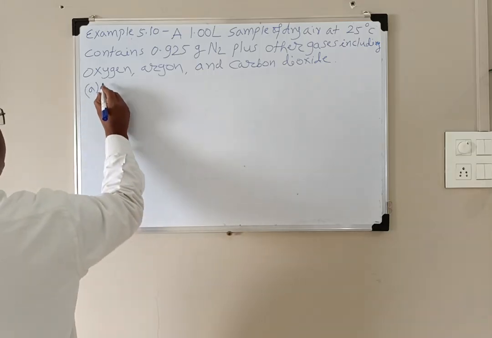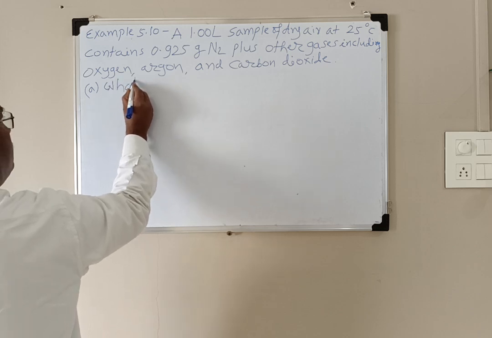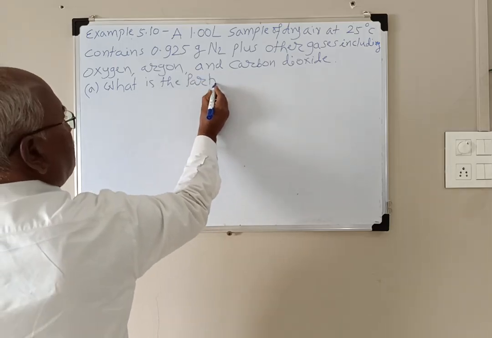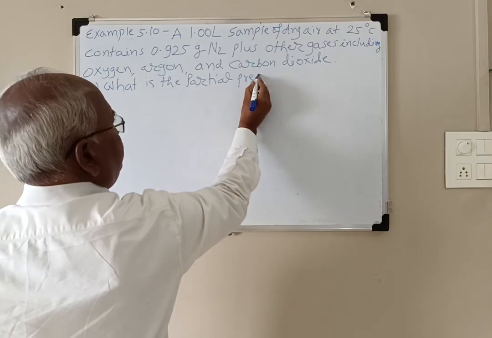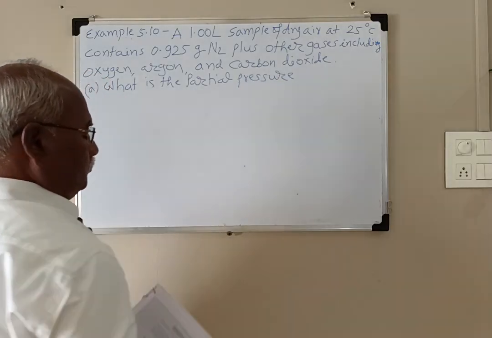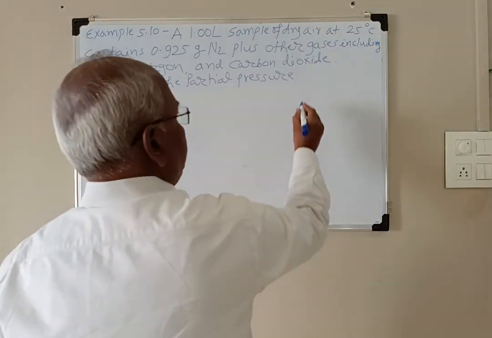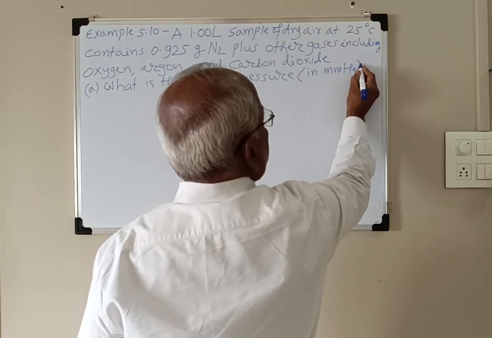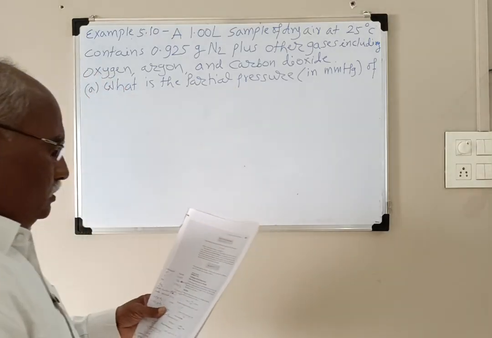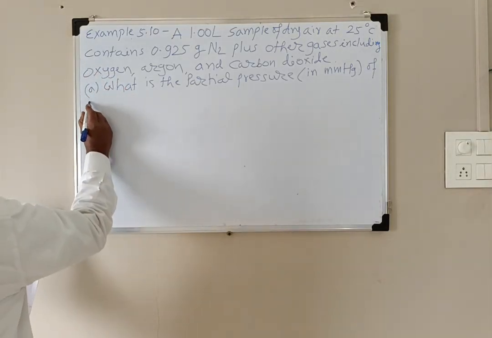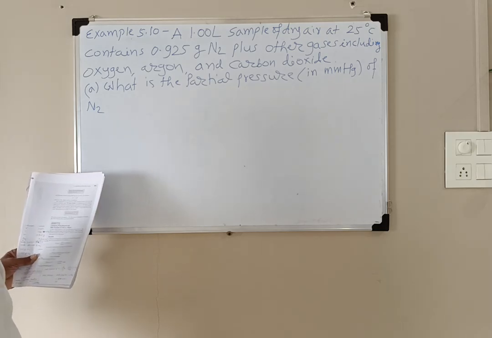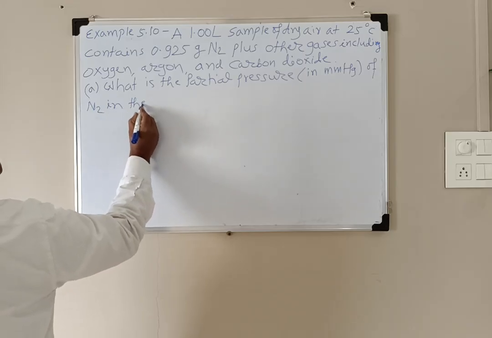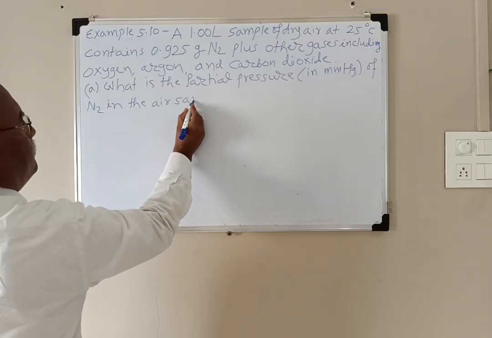What is the partial pressure, in mmHg, of nitrogen in the air sample?